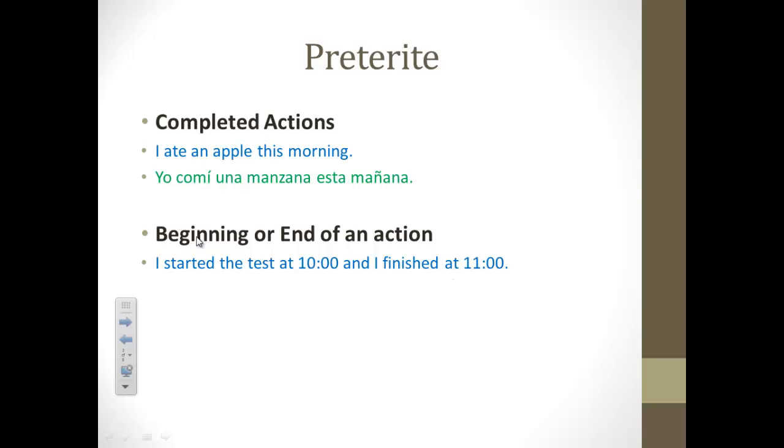Our example sentence I would like you to write down is, I started the test at 10 o'clock and I finished at 11. To translate that into Spanish, we're going to say, Yo empecé el examen a las 10 y terminé a las 11.